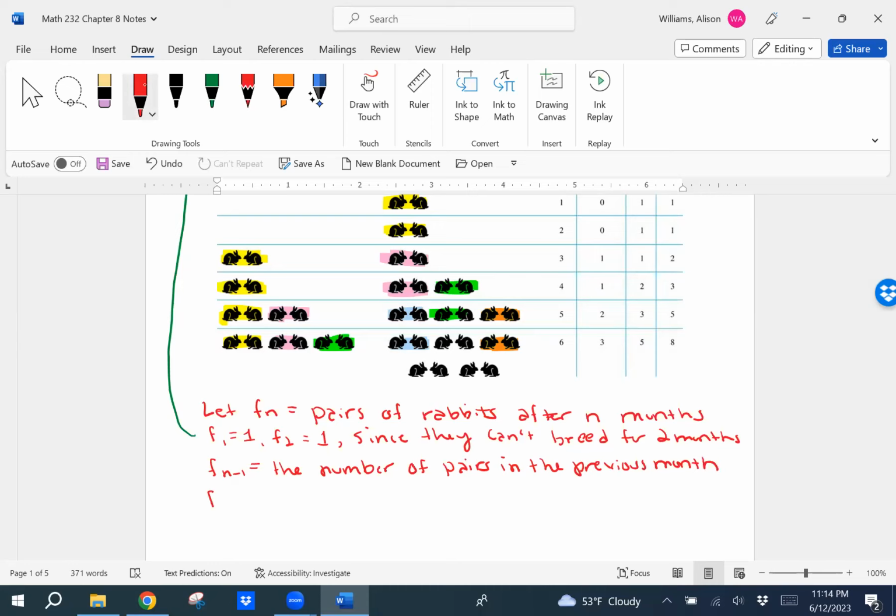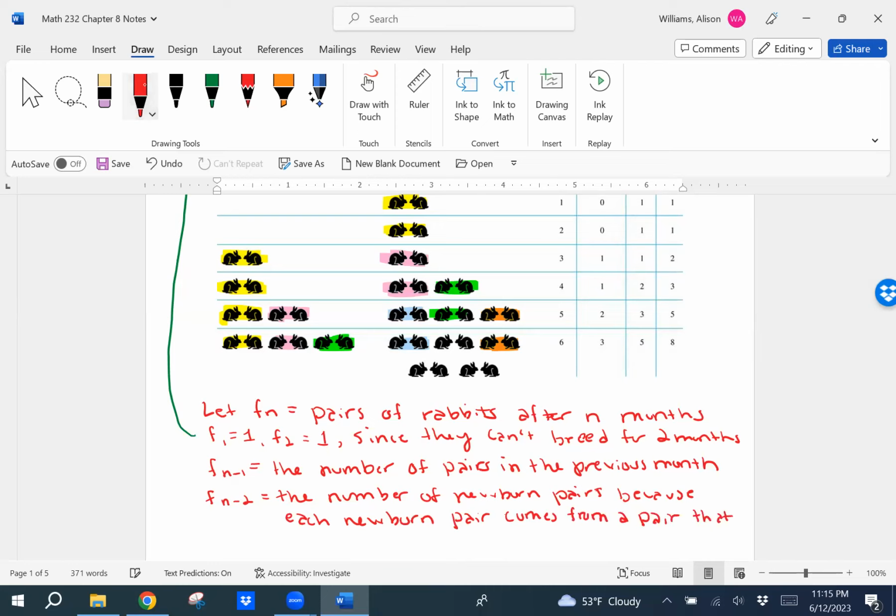Okay, f sub n minus 2 is going to represent the number of newborn pairs, because each newborn pair comes from a pair that is at least 2 months old.